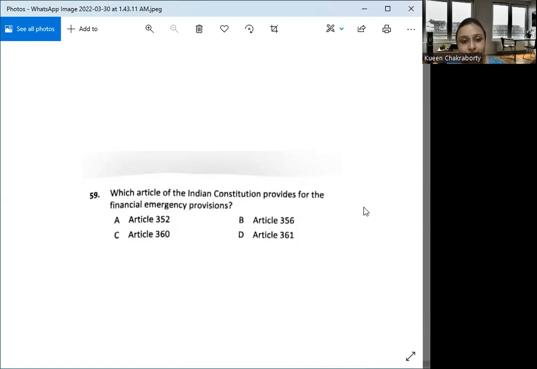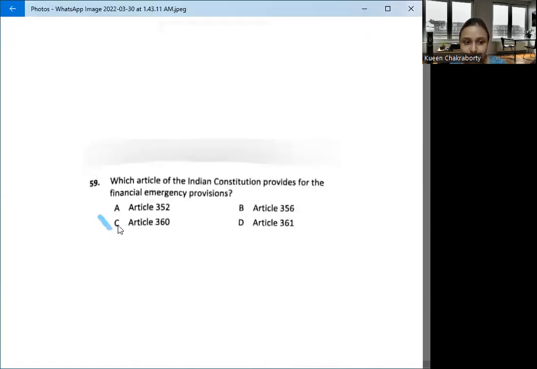Financial emergency provisions are under Article 360, but to inform you, to date India has not experienced any financial emergency. So question 59's correct option is option C, Article 360.